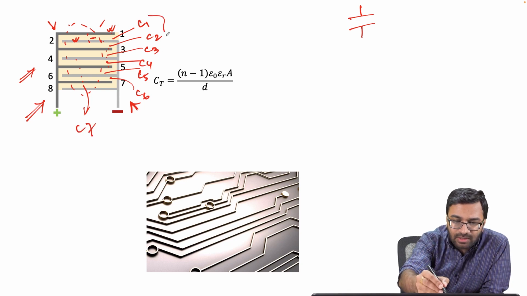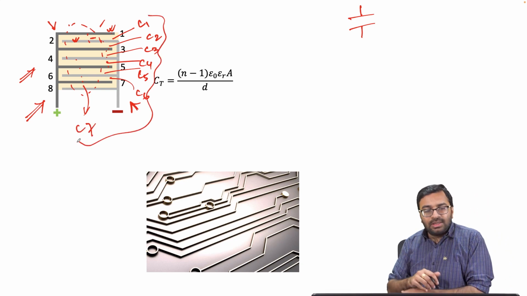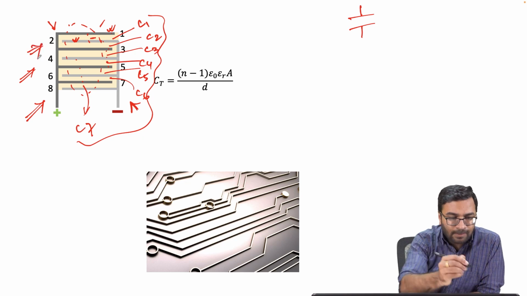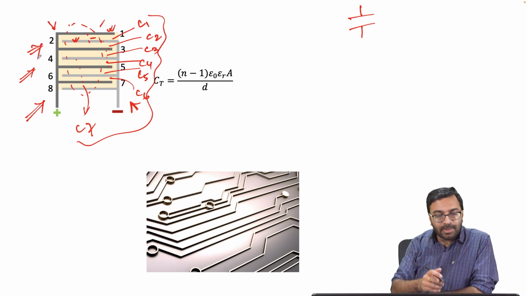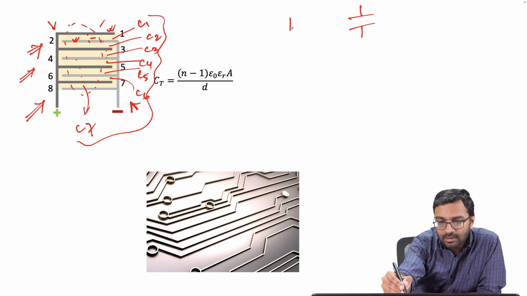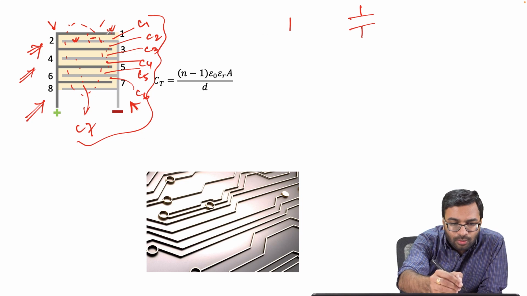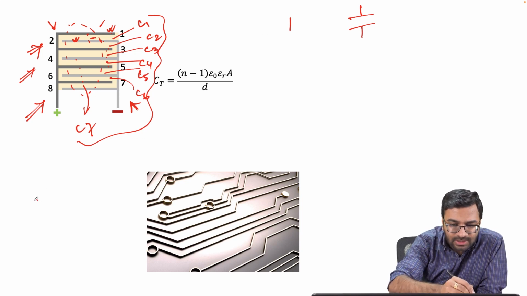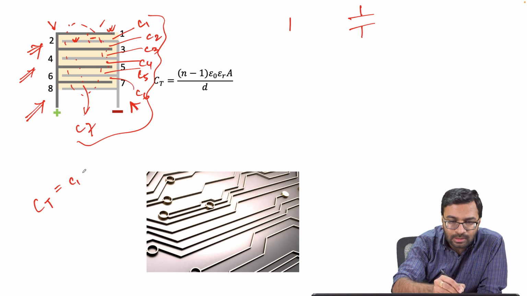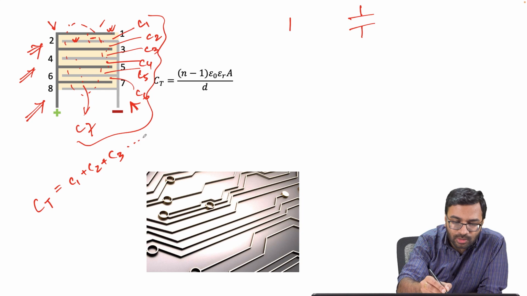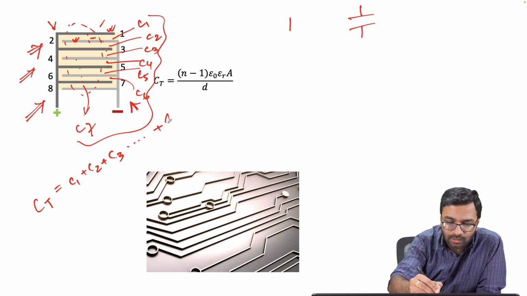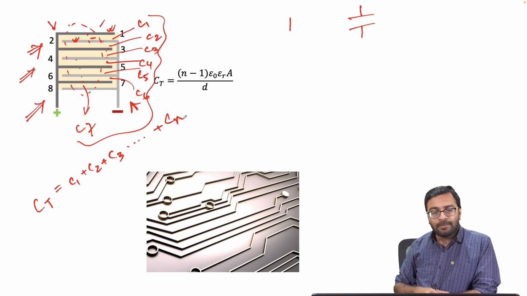So there are 7 different capacitors in this interdigitated structure, and each of these capacitors is connected in parallel to each other, right? So if you take the total capacitance associated with this, it's nothing but C1 plus C2 plus C3, and so on and so forth. Say if there are n electrodes, then the total will be Cn.